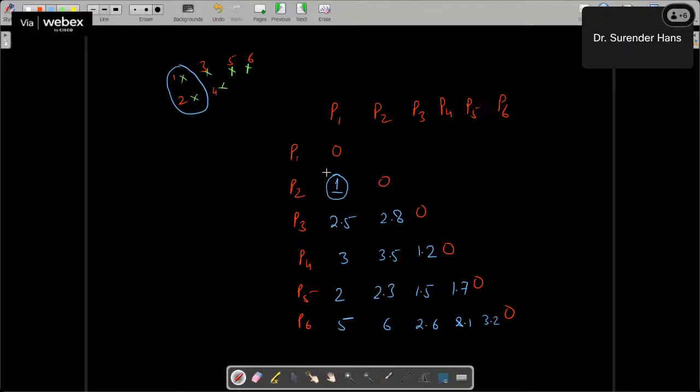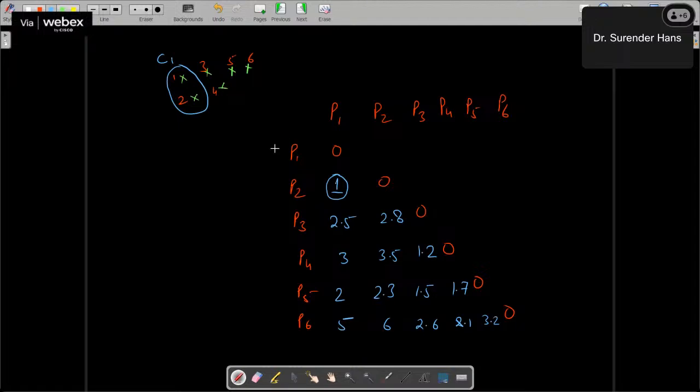So combine P1 and P2 into a single cluster. This step reduces the total number of clusters by 1. At the very first step, how many clusters? 1, 2, 3, 4, 5, and 6. So the total number of clusters is 6. Now we have C1, P3, P4, P5, and P6, so the total number of clusters is 5.